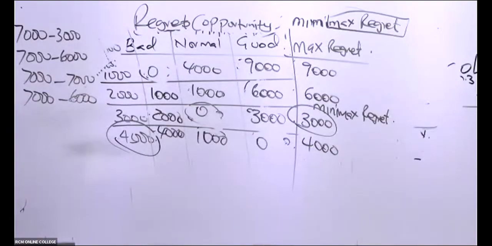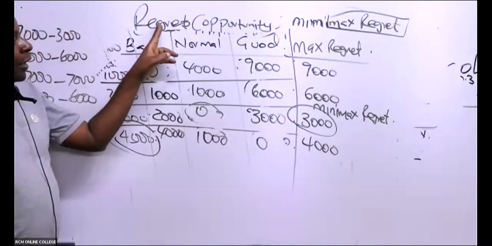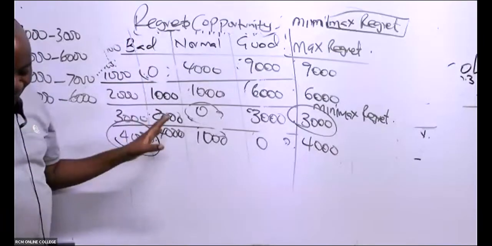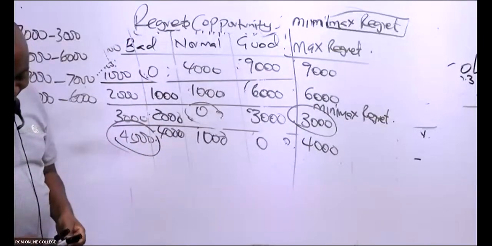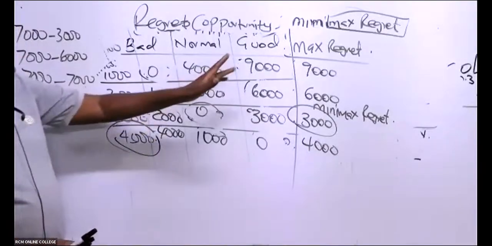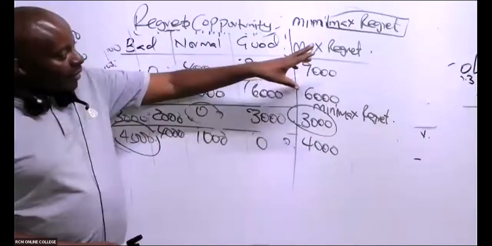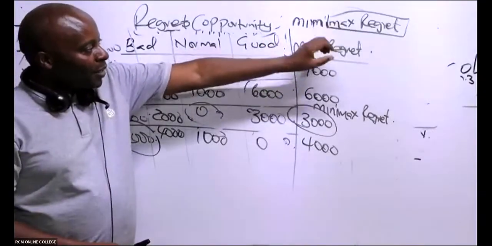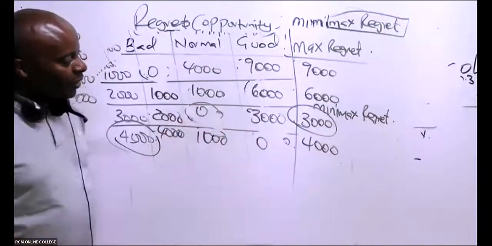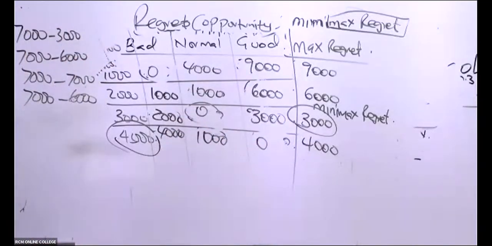First of all, because I know some of you have gotten lost somewhere here, are we together on how the regrets were computed? Online ninjas, were you able to compute them yourselves? Remember minimax regret: start with the maximum regret for each.